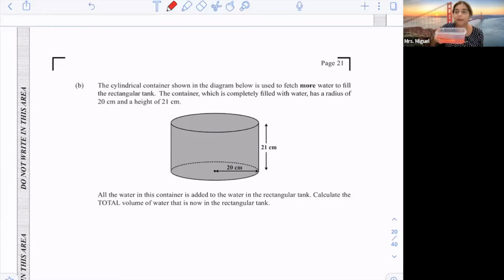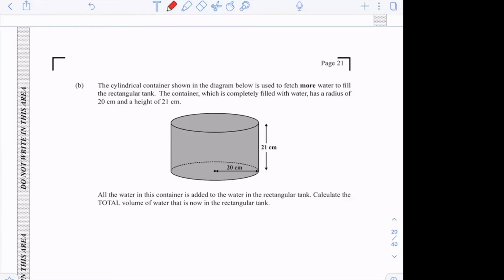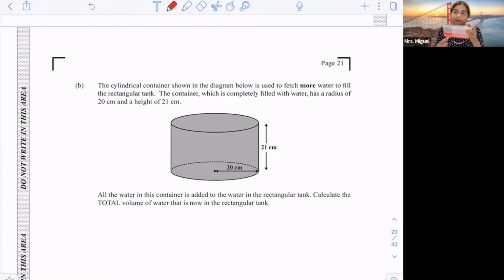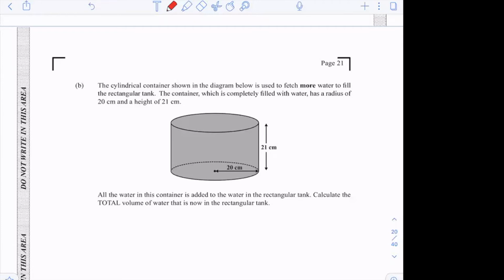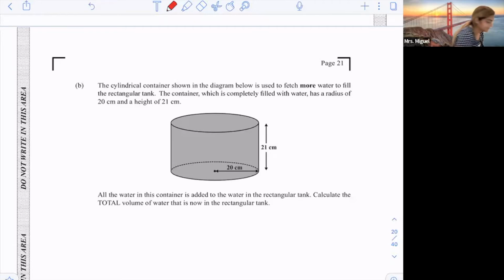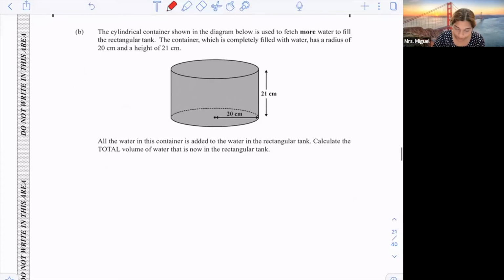Would you expect the volume to increase or decrease? Increase. So the water level will get higher, not so? Right. So I tell you again, CXC likes to bring the cylinder. So volume of a cylinder is cross-sectional area by height.